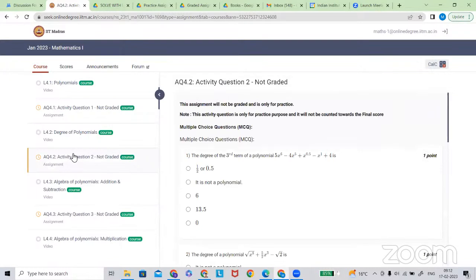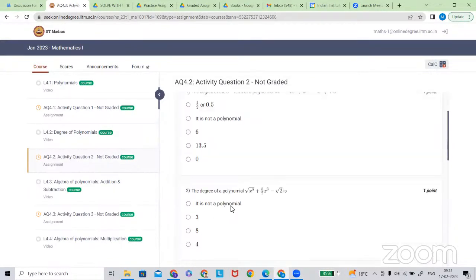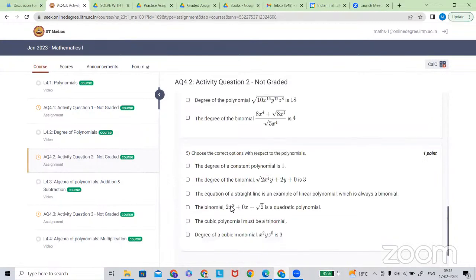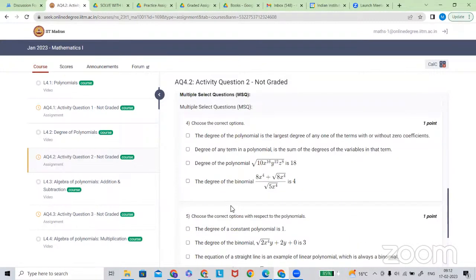So in that fourth question, I got the third one wrong: the degree of the polynomial square root of 10 raised to x raised to 16 is 18. I got that answer wrong. Can you please explain it?